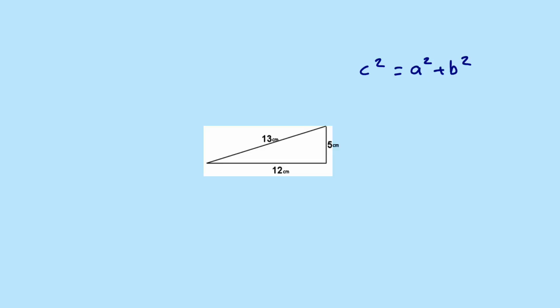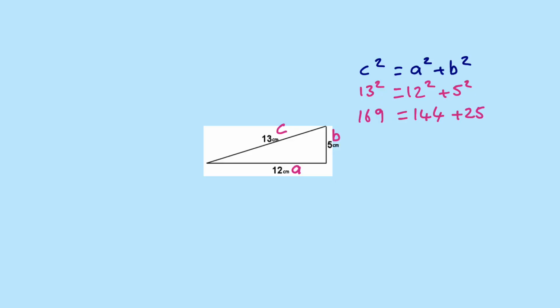So labelling the sides, you've got C, this could be A or B, and then the other side is B. Then C squared is 13 squared, A squared is 12 squared, and B squared is 5 squared. So 13 squared was 169, 12 squared is 144, and 5 squared is 25.